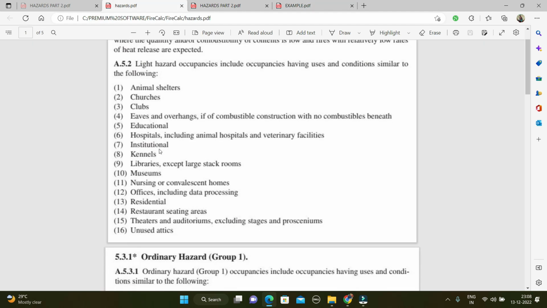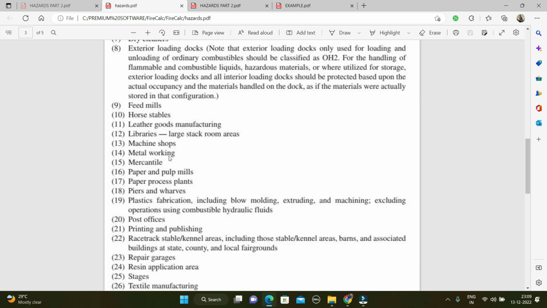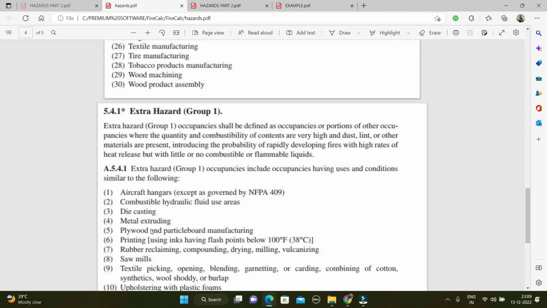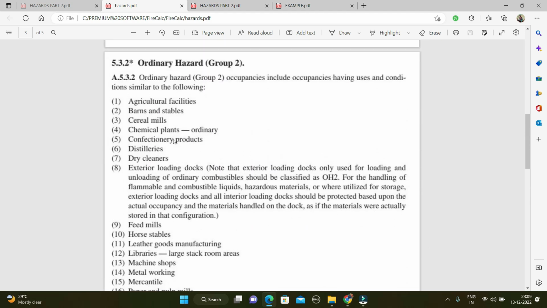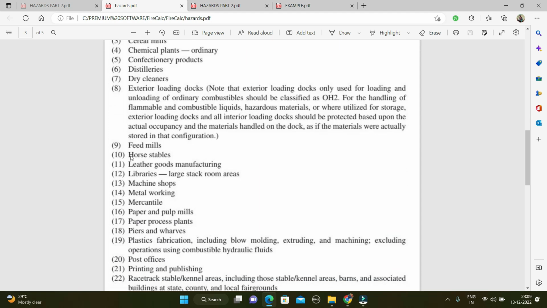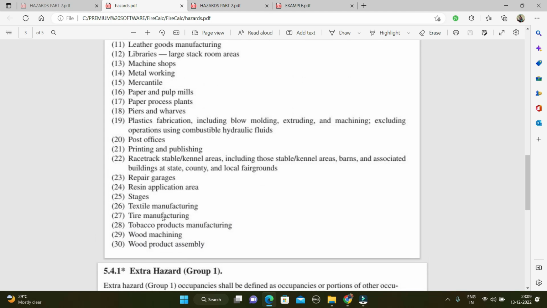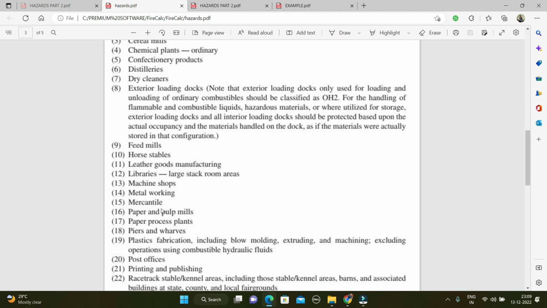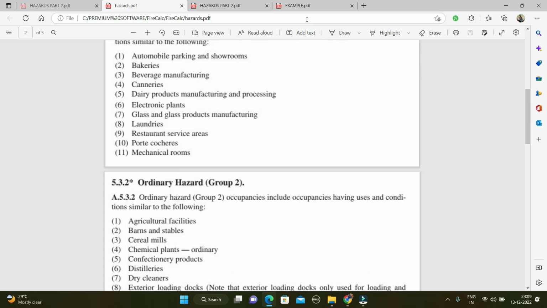If we are going to design a zoo, then we will go in NFPA 13 and search where is the zoo. Here in NFPA 13 it does not mention any zoo, but it's mentioned only like a horse stable, and we cannot find it easily, and also it's not mentioned in detail.